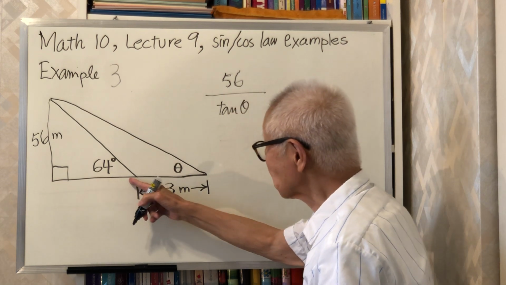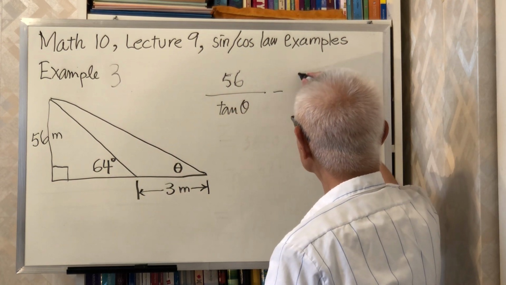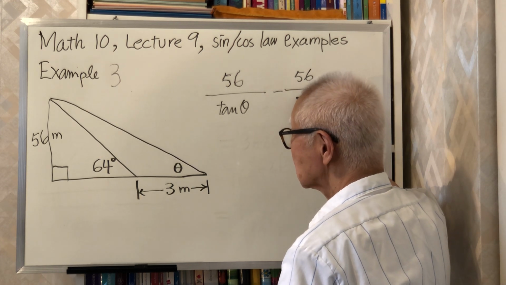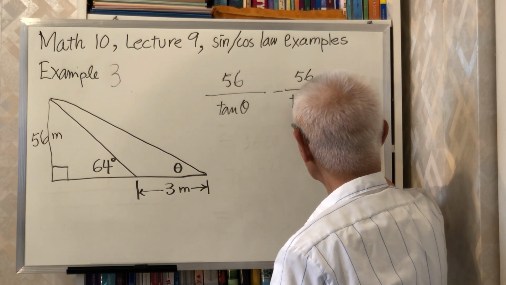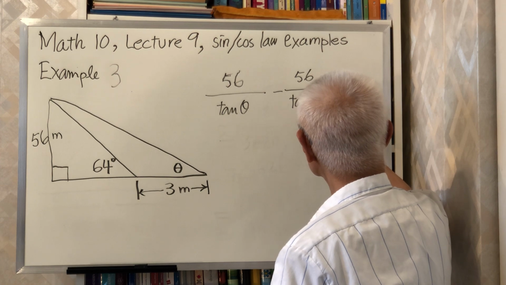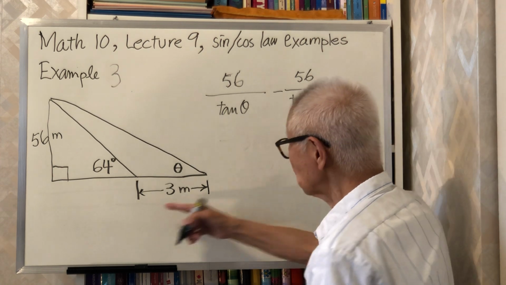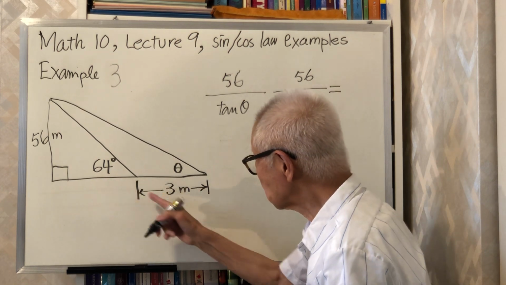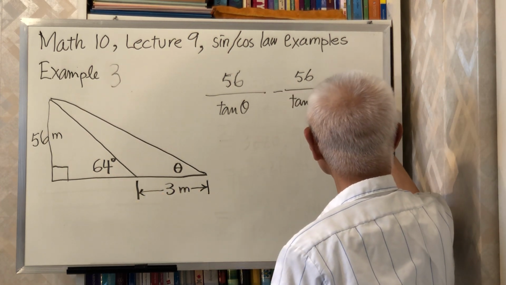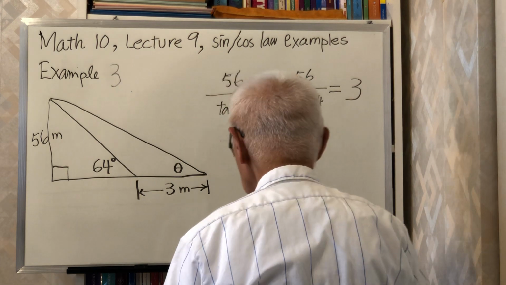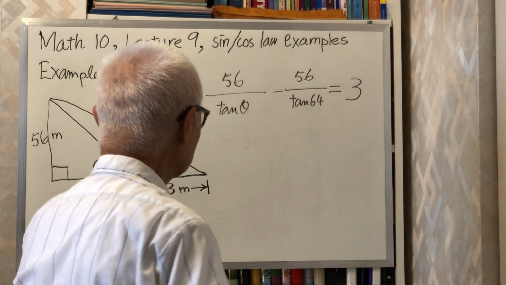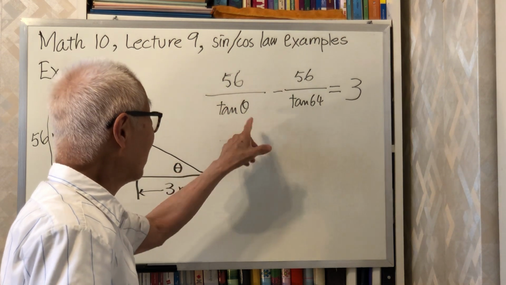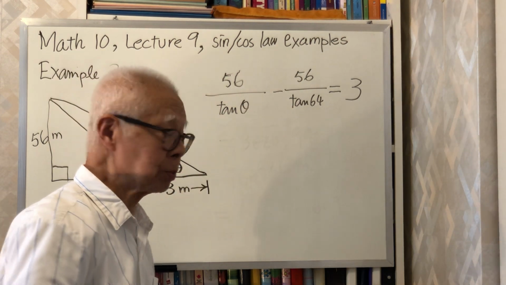Subtract this line segment, which is 56 divided by tangent 64. And this is equal to the difference. This subtract that is equal to 3. And you see, the unknown is theta. That's why I can find theta from this relation.